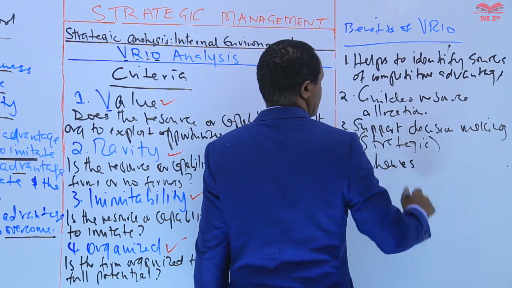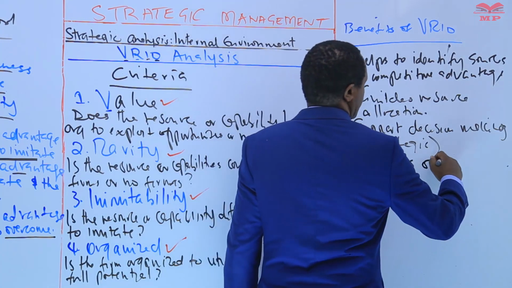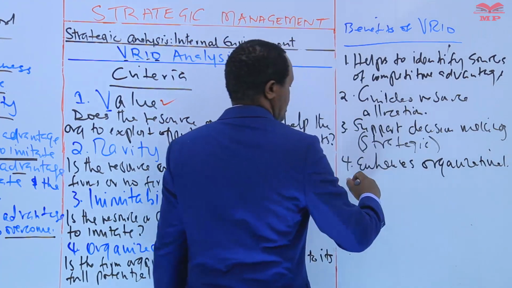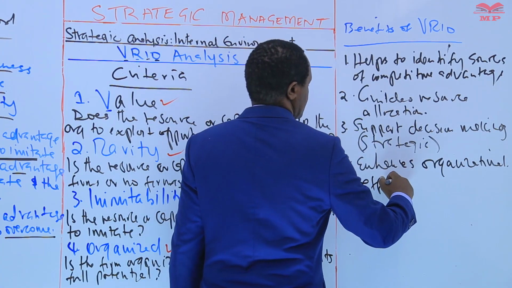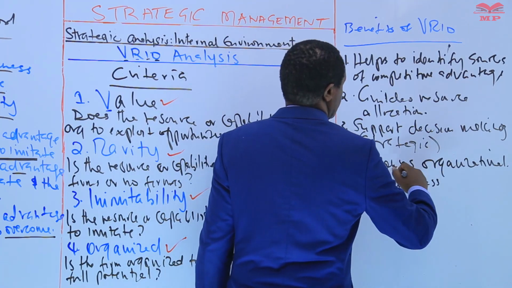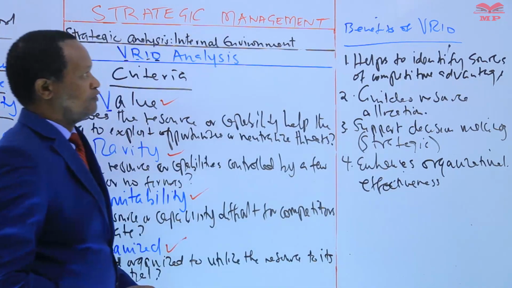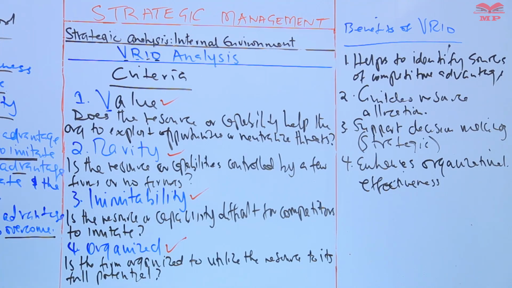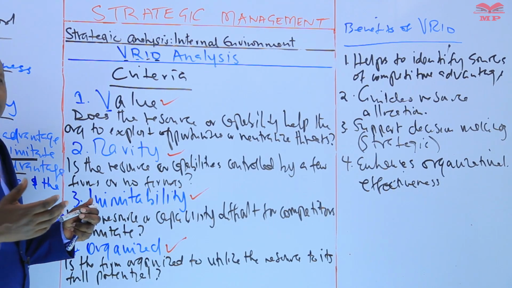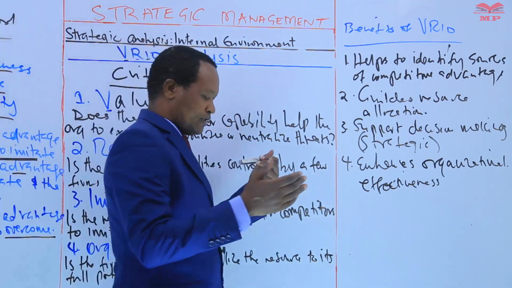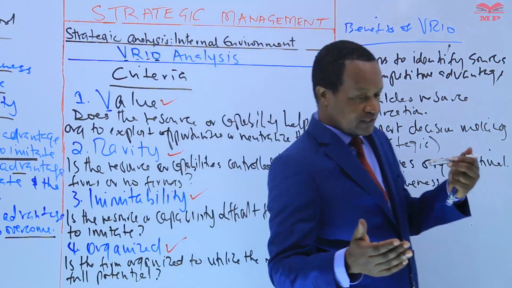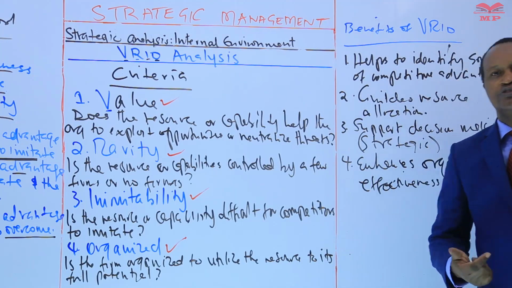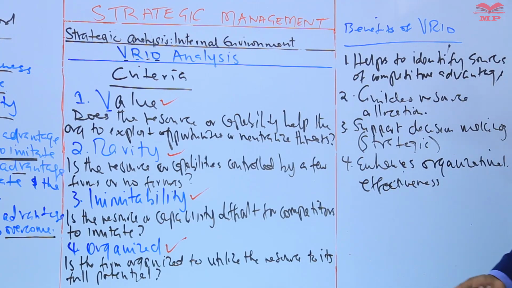Number 4, it enhances organizational effectiveness. VRIO analysis can enhance organizational effectiveness because it encourages the development of structures, processes, and systems that support the optimal utilization of resources and capabilities.